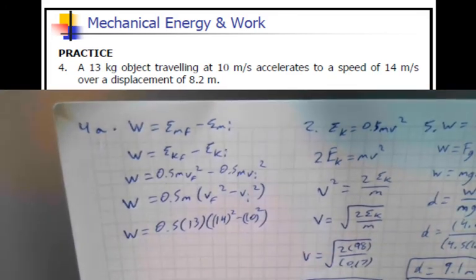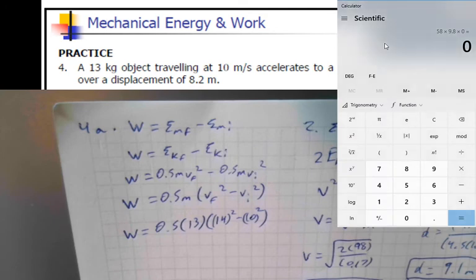So let's turn on our calculator. 0.5 times 13 times bracket 14 squared minus 10 squared.